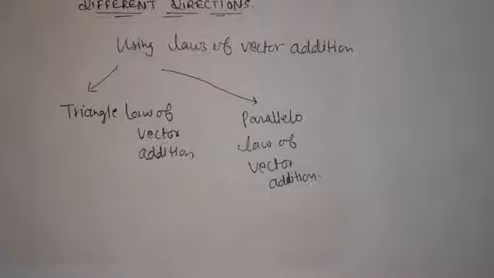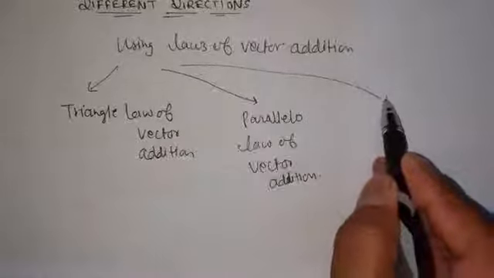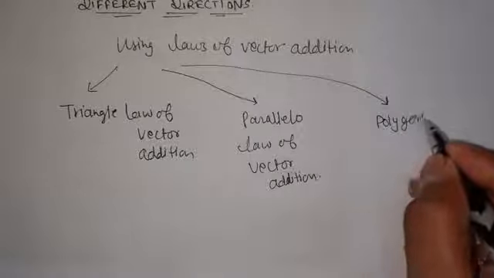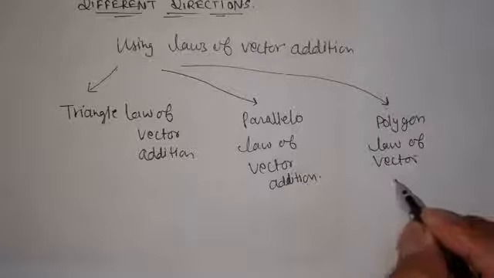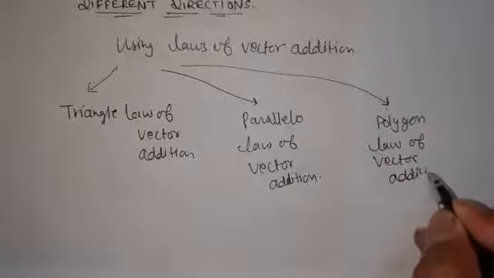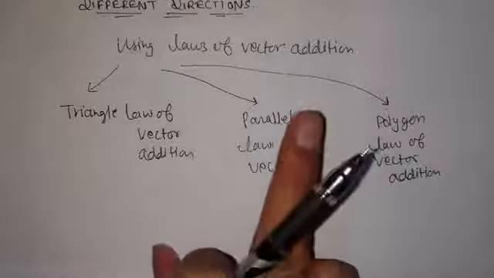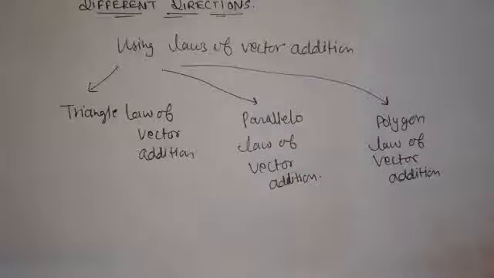What if there are more than two? Then we prefer the third one, which is the polygon law of vector addition. So these are the different laws for adding vectors having different directions.